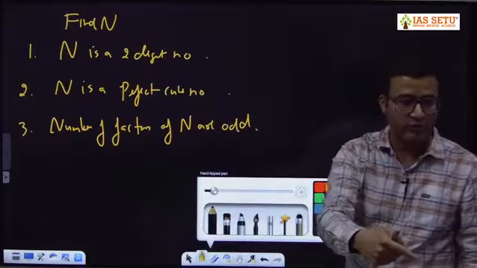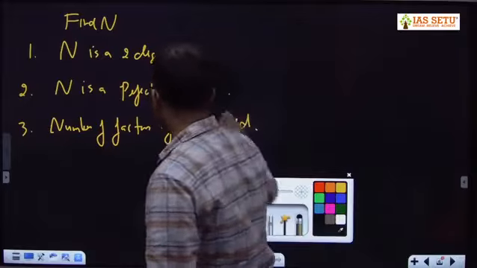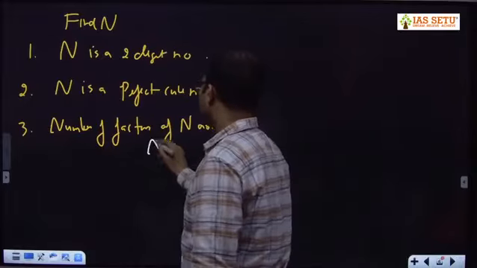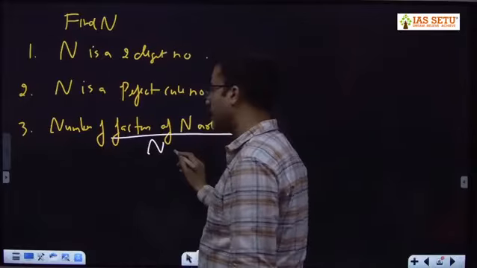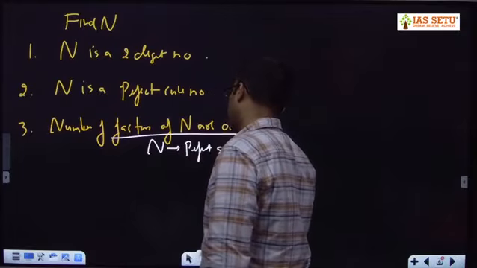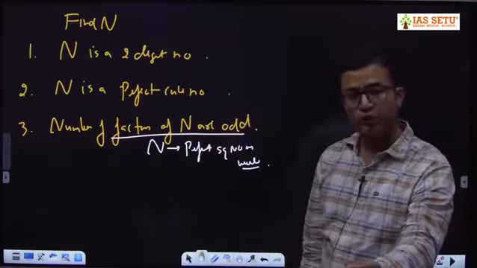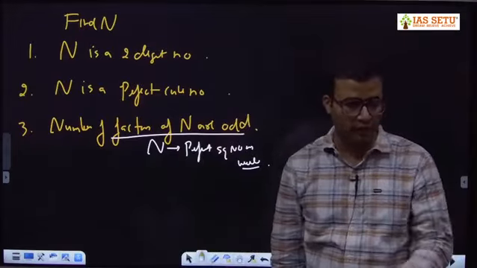I told you observation number one: the number of factors of a perfect square number is odd. Method 1, you remember this, right? Write it down.